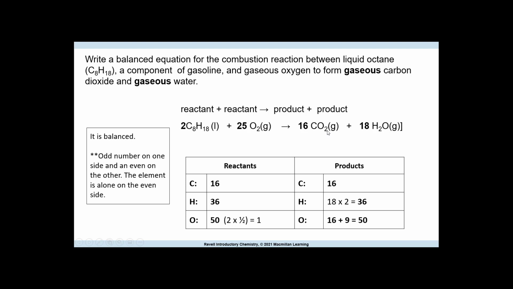And adding these together is 16. Nope, not 16. What is it? This is 32. So I apologize, I didn't fix this. This is 32 plus 18, and that equals 50. So pretend this is 32. 32 plus 18, I don't know how I didn't catch that, is 50. Now this reaction is balanced despite my error here.